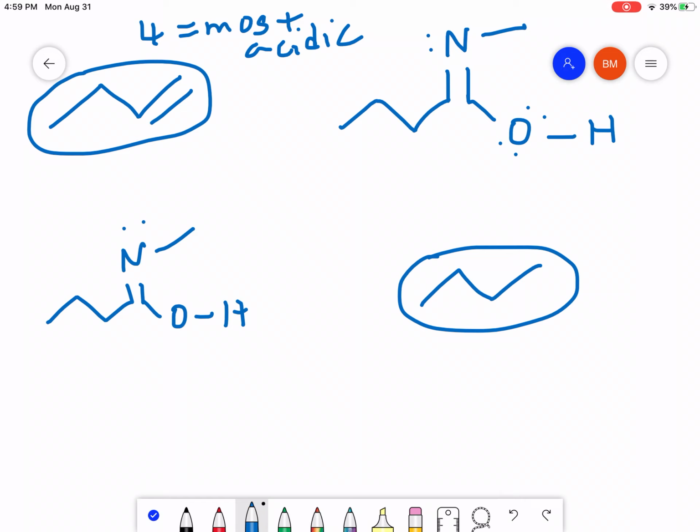Then you would look at the resonance effect and the inductive effect to determine if there's any way you can spread that charge out. Lastly, you would look to see if there was a case where you would need to look at the S character of a particular species to distinguish stability.